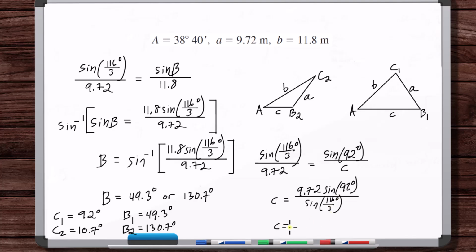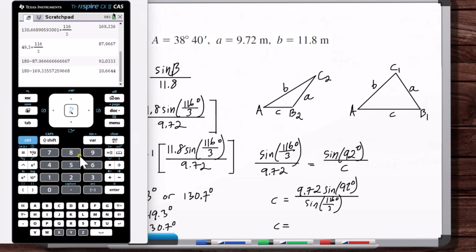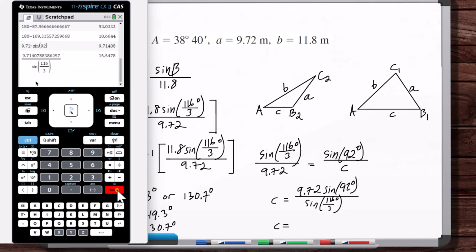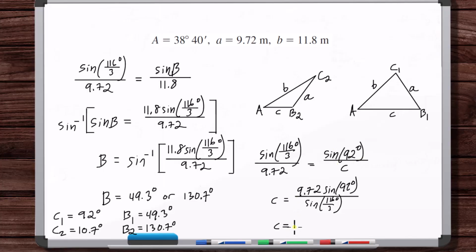So C is equal to 9.72 times sine of 92 divided by sine of 116 divided by 3. 15.5 meters. And there you go. Now that's the final answer.